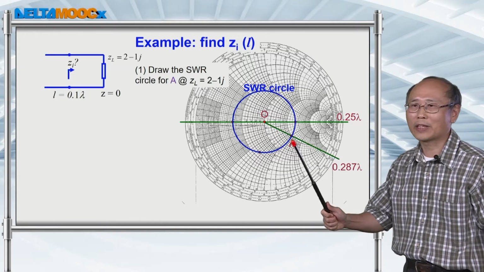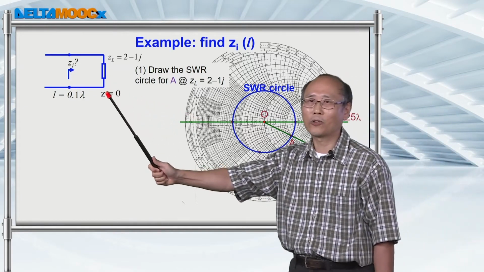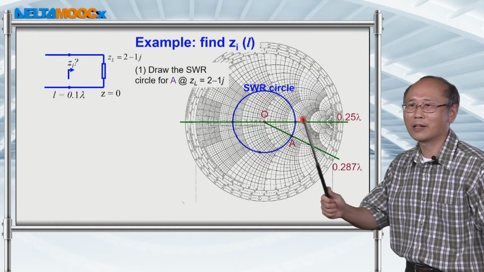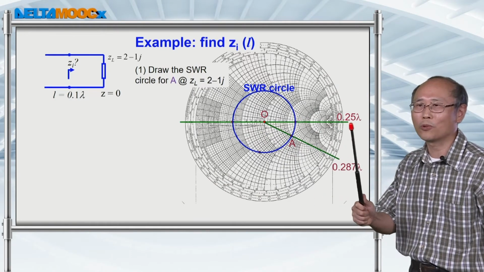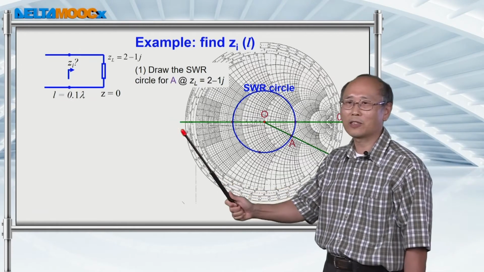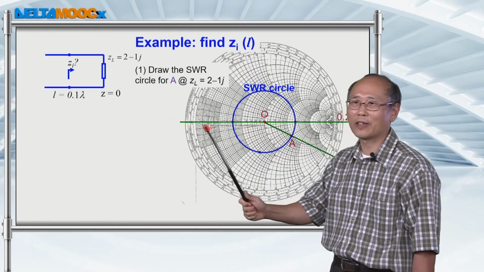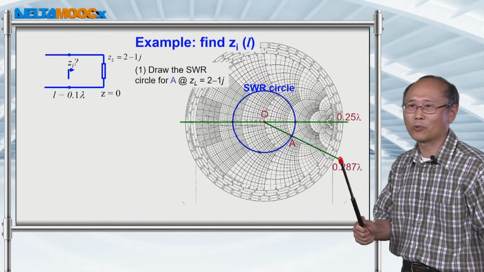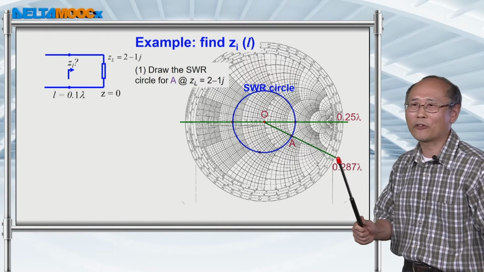Although this A is right at z equal to 0, if you take this point to be 0.25 wavelengths and take this point to be 0 wavelengths, then this point is 0.287 wavelengths. And this is just a reference number.